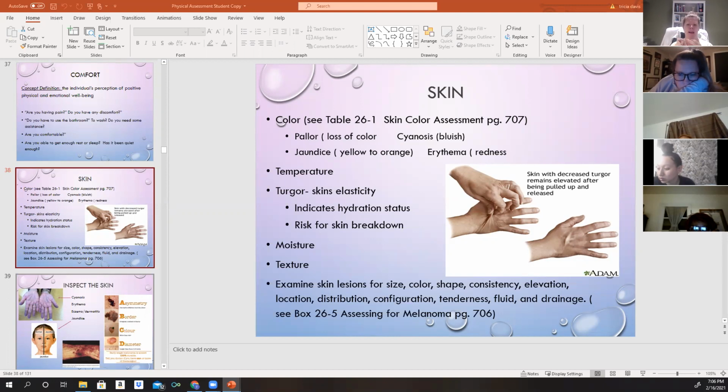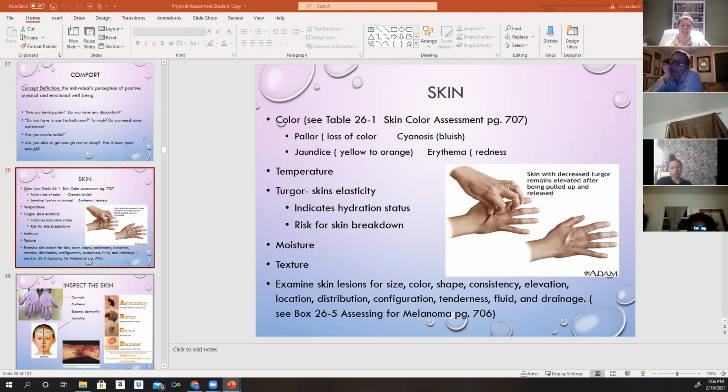Anemia is caused by decreased hemoglobin levels, so they're not getting enough of that oxygen-rich blood. Those areas get very pale because they don't have a lot of blood flow to them. You would also see this in patients going into shock, because they have decreased blood volume.